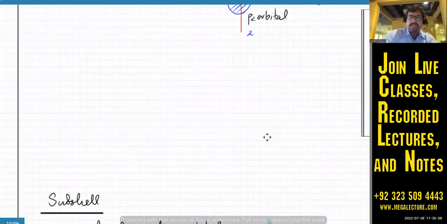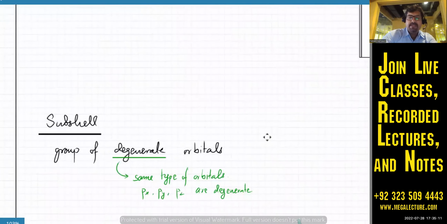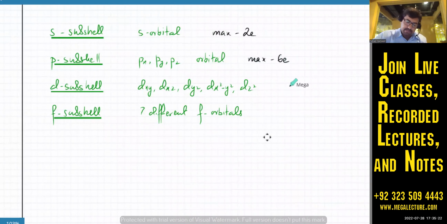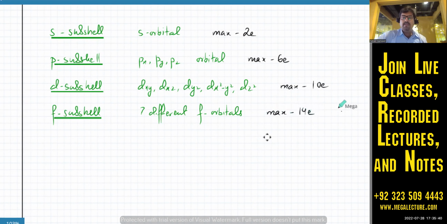So the maximum amount of electrons in the entire subshell would be 6. Is this clear, Ahmad? Yes. And this one will have a maximum of 10 electrons. And this one will have a maximum of 14 electrons.